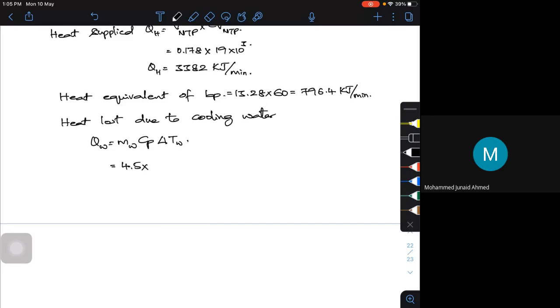Cp of water I can put as 4.187 kilojoules per kg Kelvin, into delta T, which is 45. So the heat loss is 4.5 into 4.187 into 45. I am getting around 847.87 kilojoules per minute.